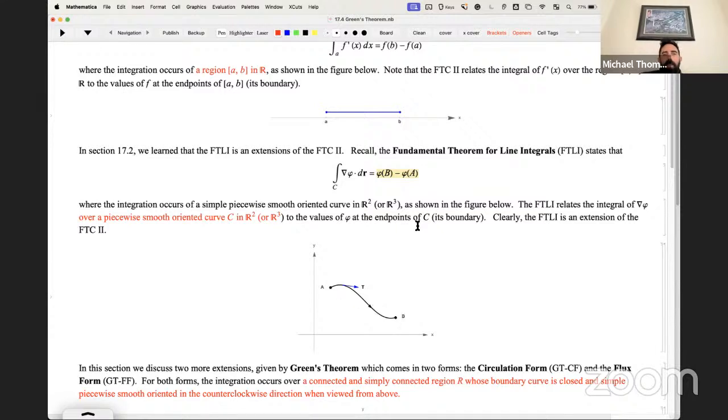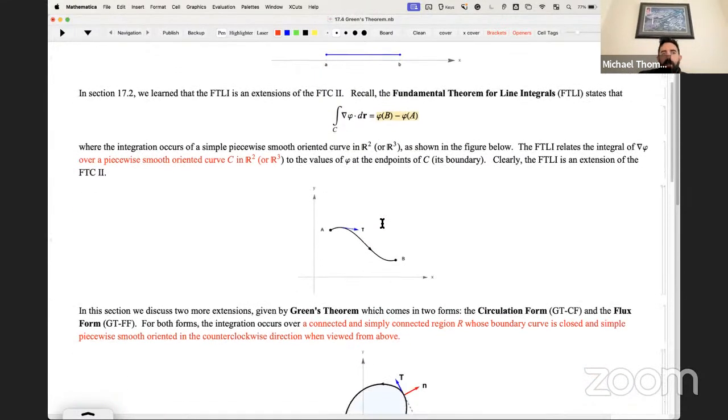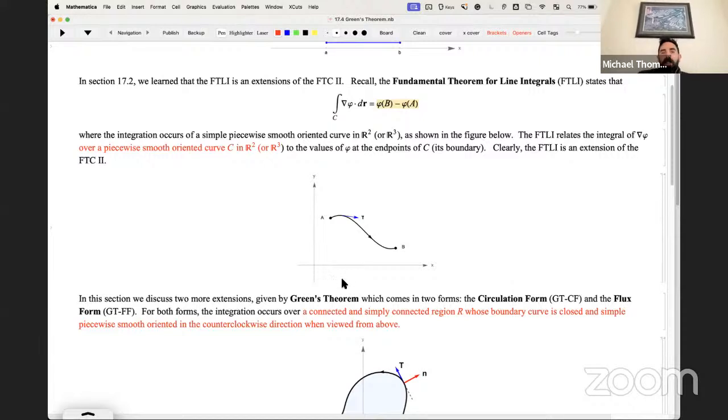Okay, so that was our first experience with an extension of the FTC2. Well, it turns out there's more extensions. In this section, we're going to study Green's theorem, which is also an extension of the FTC2. It's another higher dimensional extension. There's two forms. One's called the circulation form, and the other one's called the flux form.